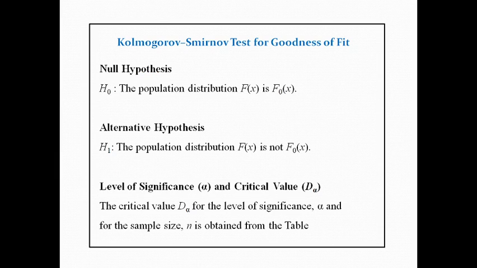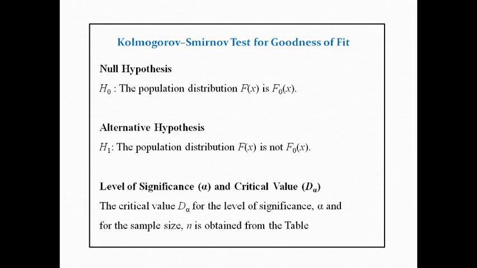Firstly, we define the hypotheses. The first is the null hypothesis: the population distribution F of x is F naught x, because our objective is to test whether our random sample is coming from that particular population or not.